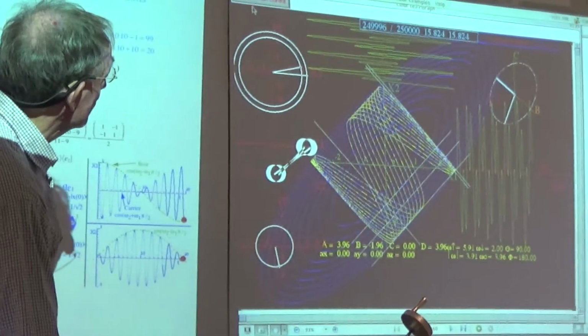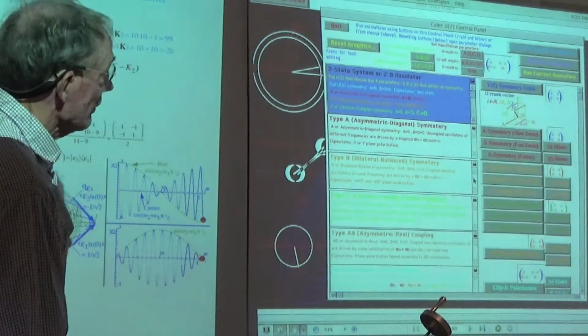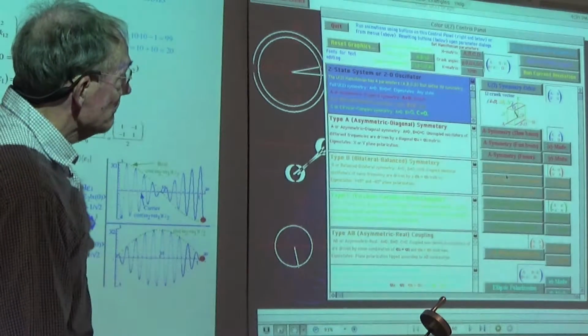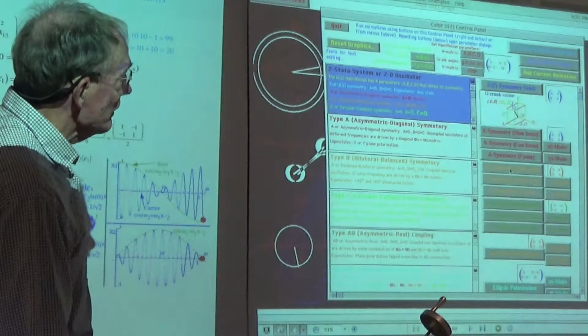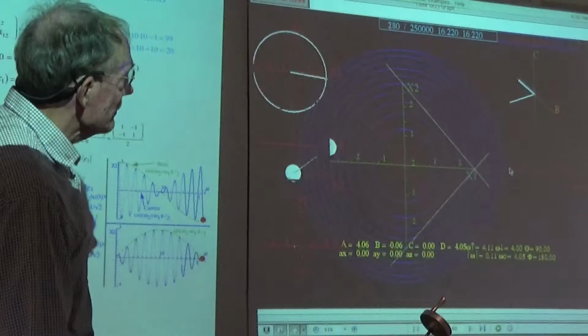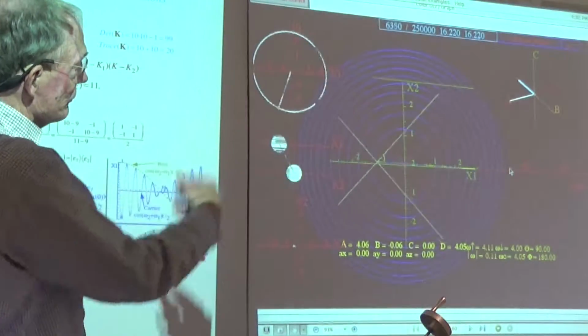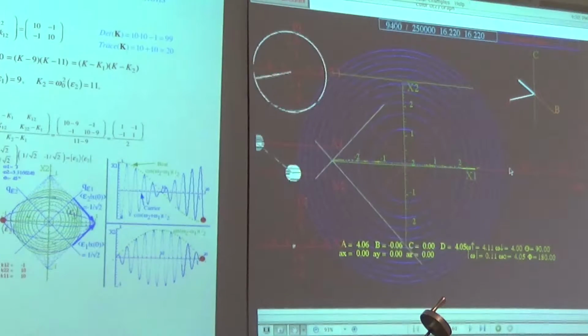I'll just go back to refresh your memory, and to start with, I'll go ahead and use a very slow beat. The beats are going to be very slow. So this one, you can hardly tell those are ellipses in the potential there.